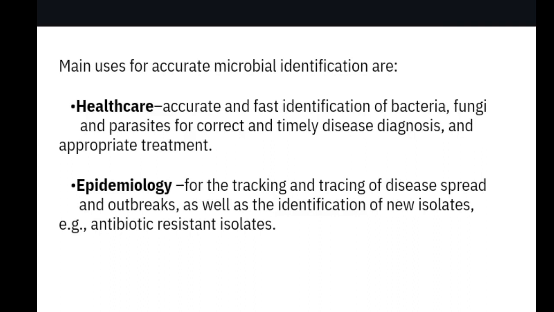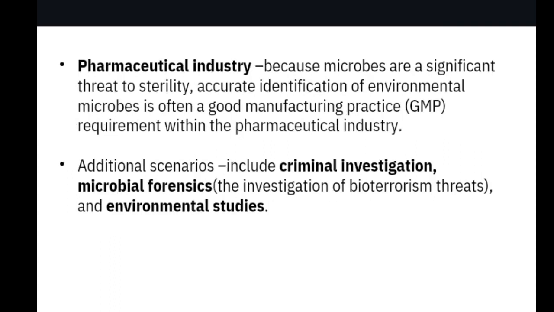In epidemiology, it is used for the tracking and tracing of disease spread and outbreaks, as well as the identification of new isolates, for example, antibiotic-resistant isolates. Microbial identification is also used in the pharmaceutical industry because microbes are a significant threat to sterility.